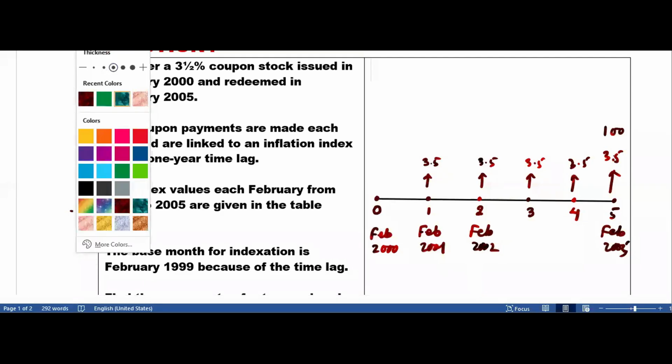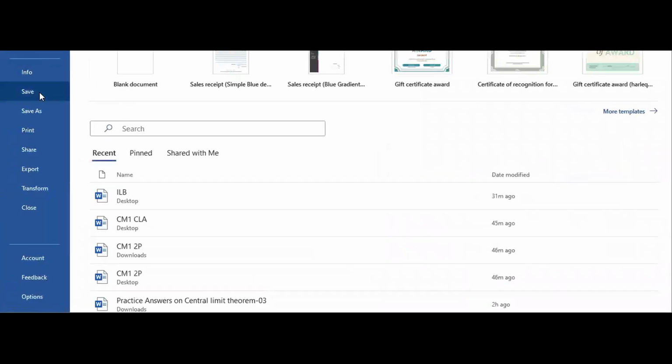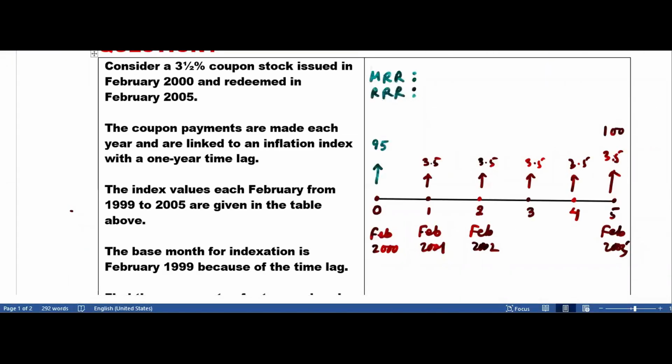Let me write in blue. So we need to find the money rate of return and real rate of return, or you can say directly the return and real rate of return. Who can answer? Who can answer this question?